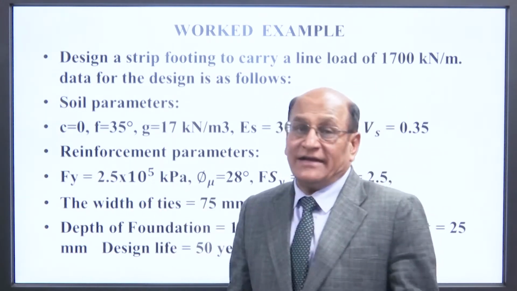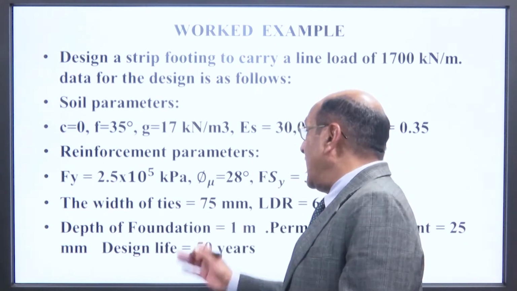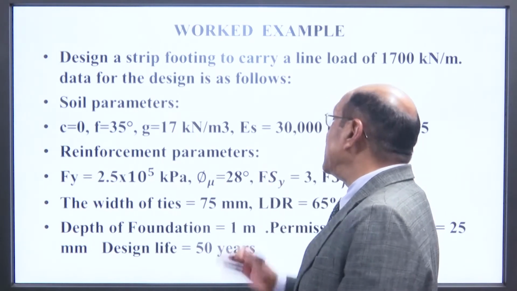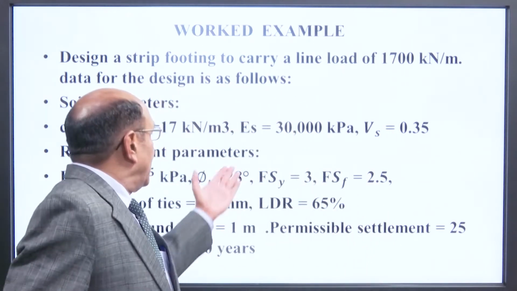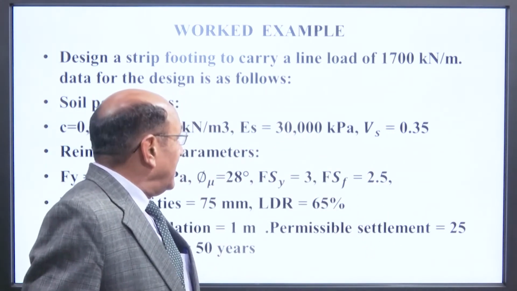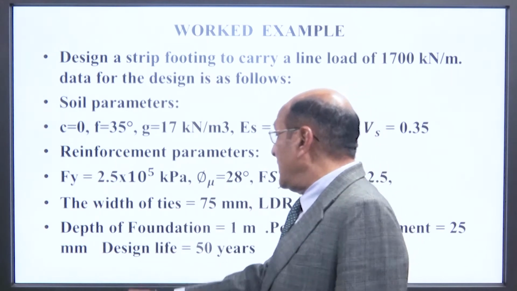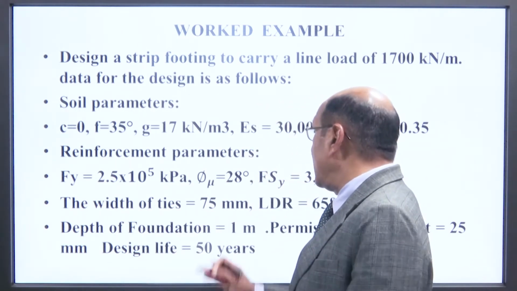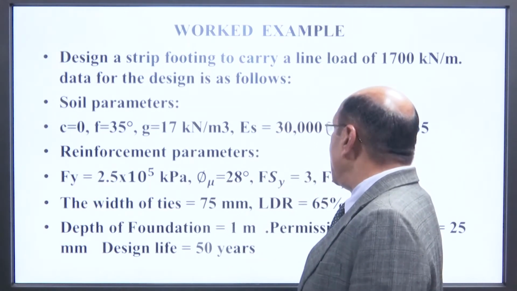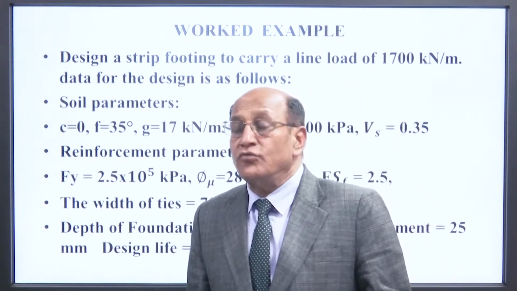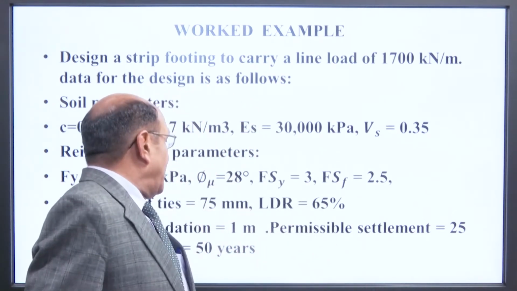The soil parameters given in this worked example: c is equal to 0, phi is equal to 35 degree, gamma is equal to 17 kilonewton per cubic meter. Then Es, the elastic modulus, is 30,000 kilopascal and Poisson's ratio is 0.35. Reinforcement parameters are Fy 2.5 into 10 to the power 5 kilopascal, then phi mu is equal to 28 degree, FSy is equal to 3, FSf is equal to 2.5, and the width of tie is 75 mm.